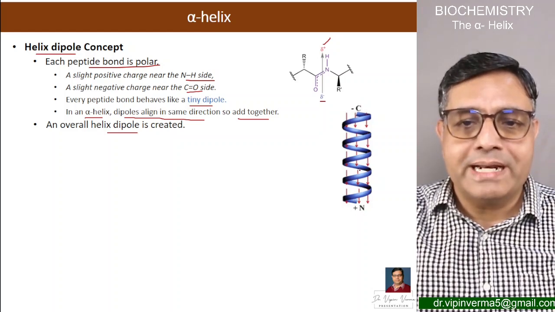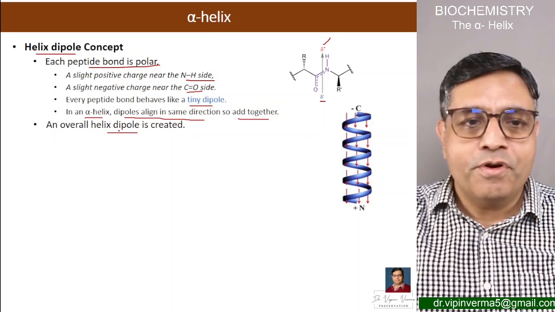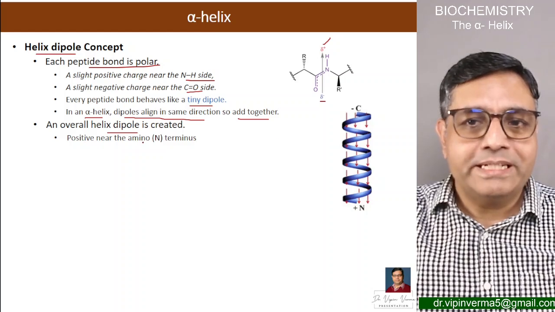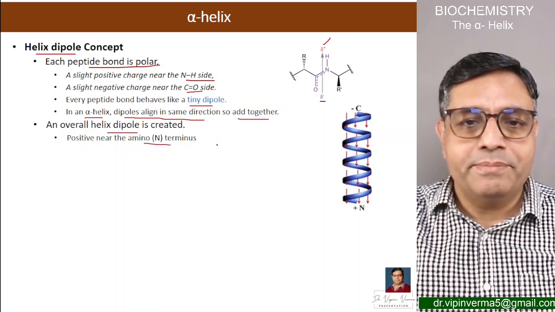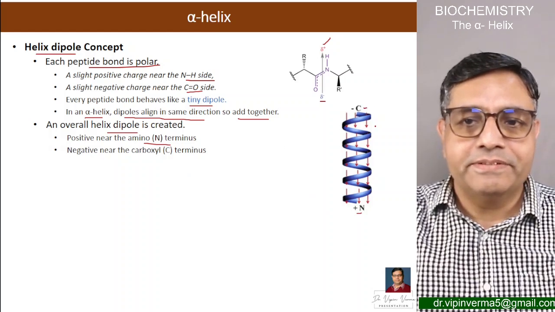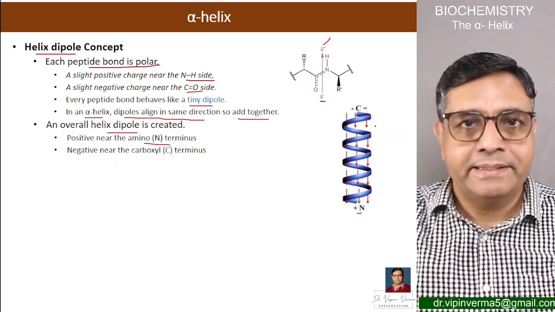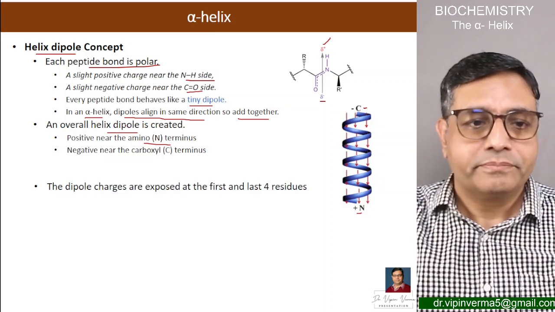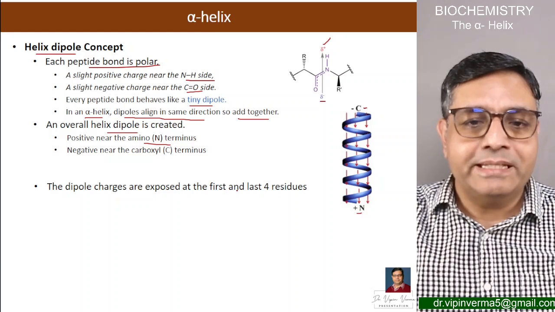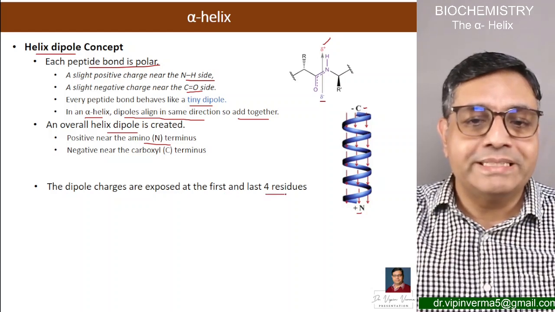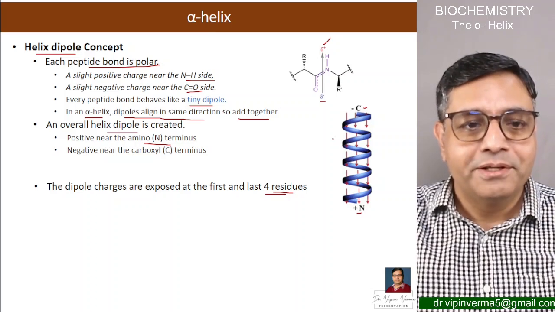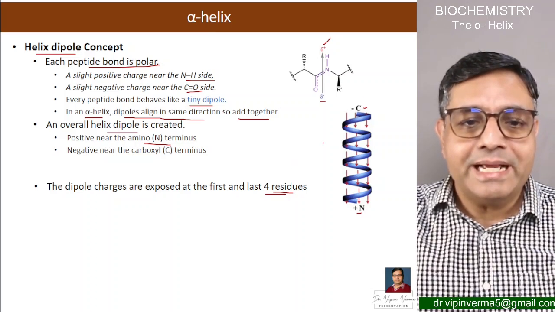Positive is near the amino terminus, the N terminus, and negative is near the C terminus. Got it? Good. The dipole charges are exposed at the first and last four residues because they usually do not participate in hydrogen bonding. So these charges are exposed there.